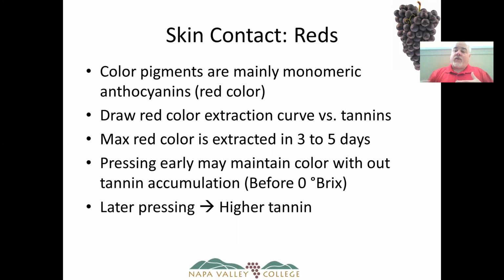You take it out of the fermentation tank, you press it, get the skins out, put it back into the fermentation tank, and let the fermentation continue. The later you press, if you go all the way to the end of the fermentation process before you decide to press, you are going to get higher tannins.